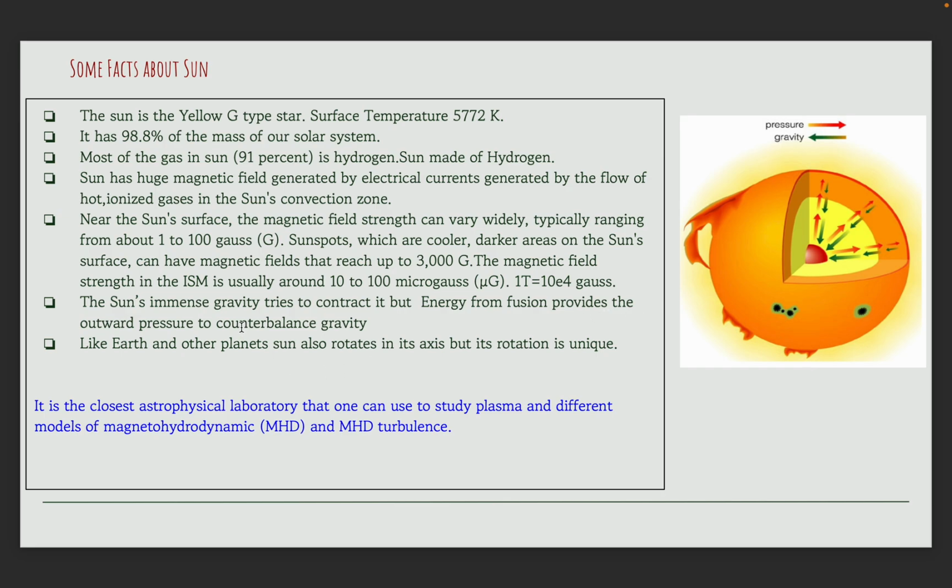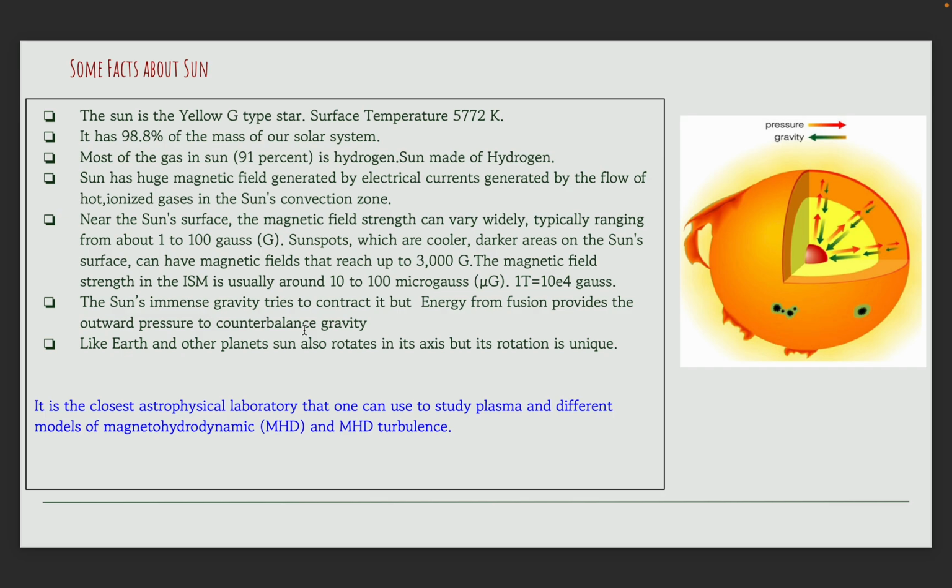The Sun's immense gravity tries to contract the Sun, but the energy generated by the fusion reaction inside the core of the star pushes the Sun outward. This pressure and gravity counterbalance in equilibrium, and the Sun becomes stable.